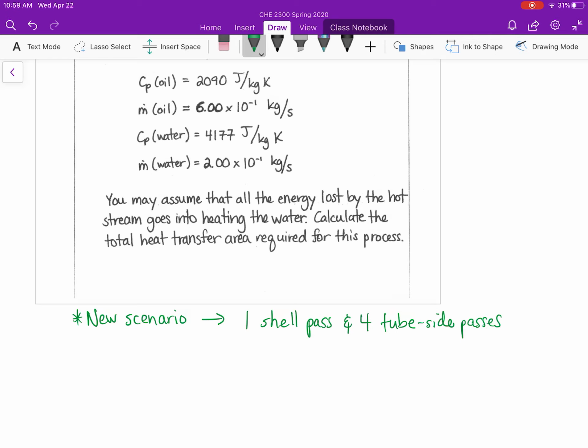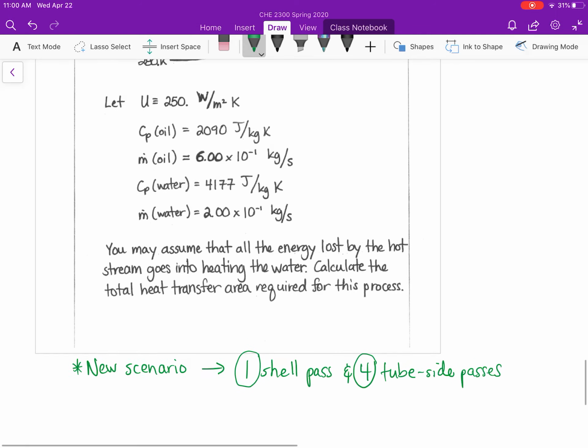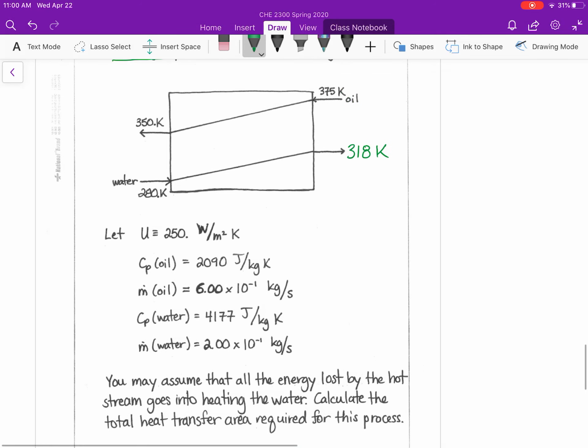Okay, so we no longer have a single pass heat exchanger. We have a 1-2 heat exchanger because, again, we have one shell side pass and some multiple of 2 tube side passes. We are going to assume that everything else in our problem remains the same.